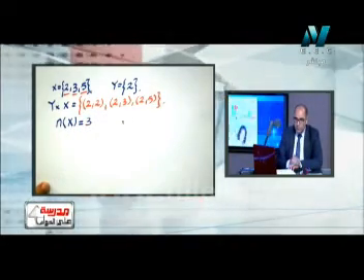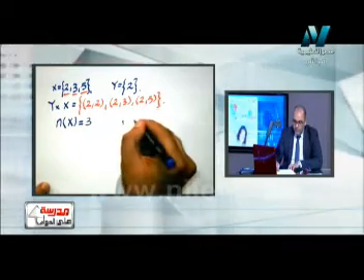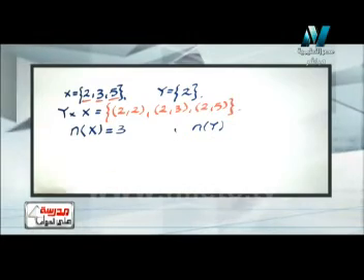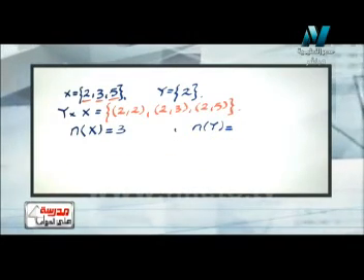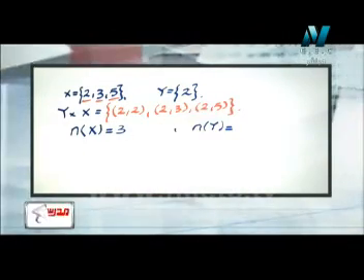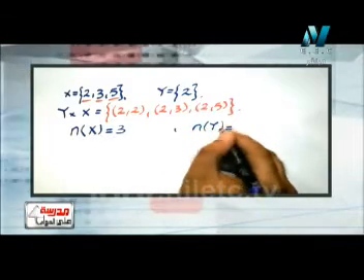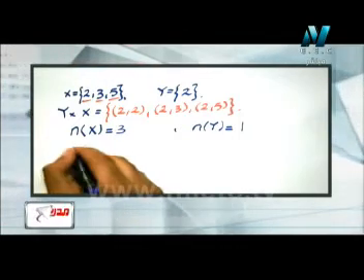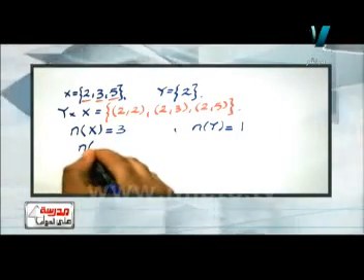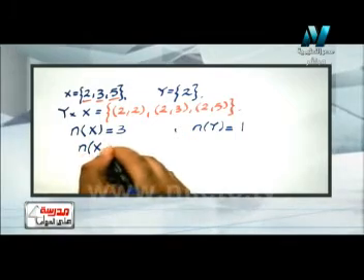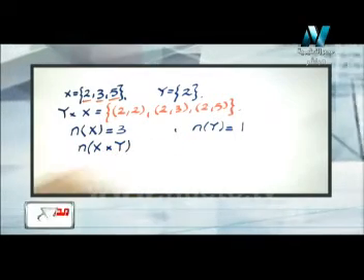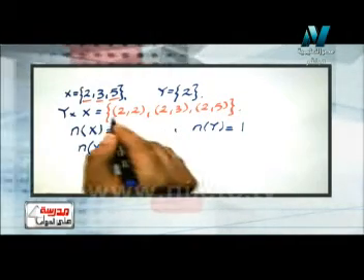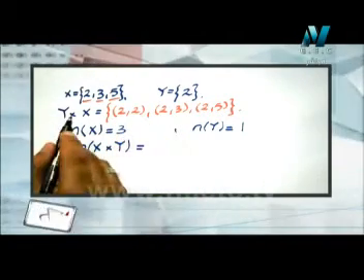And the same way, if I say n of y, it means how many elements of y? We have only one element, so we can say n of y equals 1. Another question, what about n of x product y? Count how many ordered pairs of y product x.